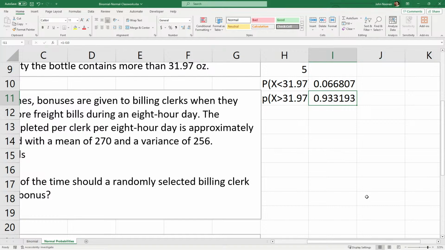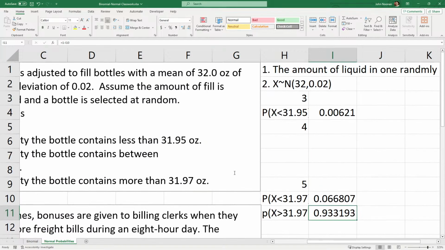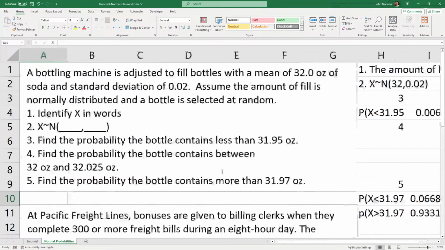Okay, last one. And then you'll get to do some yourself. That's number 4. So 4 is the hardest of the bunch, but it's not terrible. So this is the probability that you are between two numbers, between 32 and 32.025. Okay, so to do this, oh, that's a terrible normal.